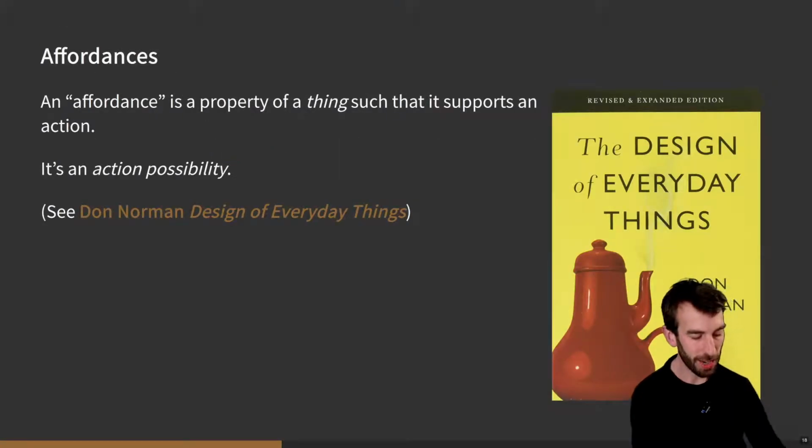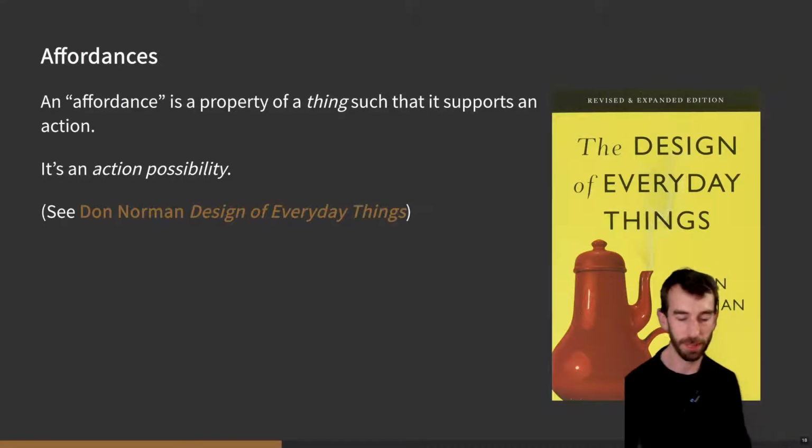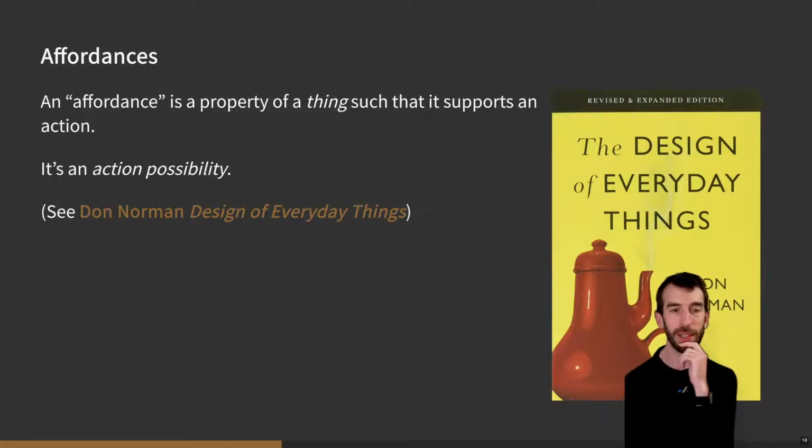So I'm going to talk now about a way of framing these questions about interactions that help us answer those questions. So there's a concept I'll talk about now called affordances. This is a concept which sort of comes from psychology originally. It comes from how people perceive the world, or theories about how people perceive the world.